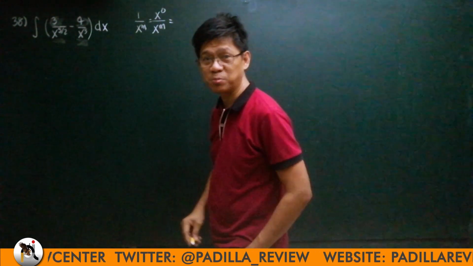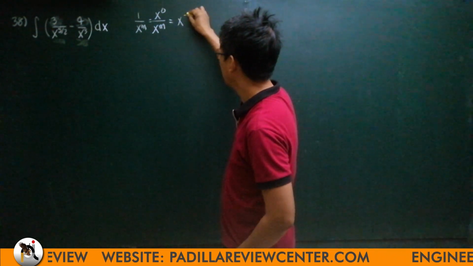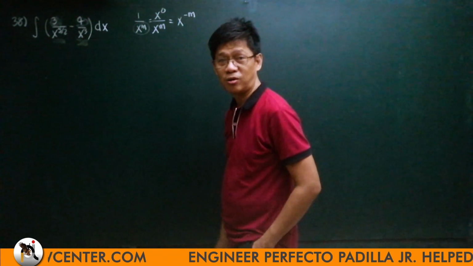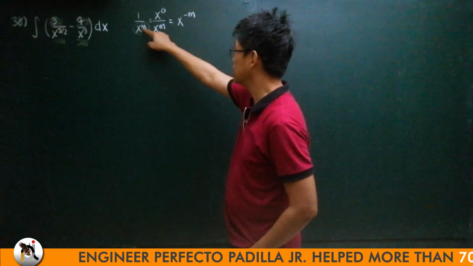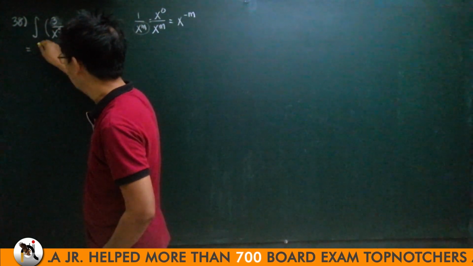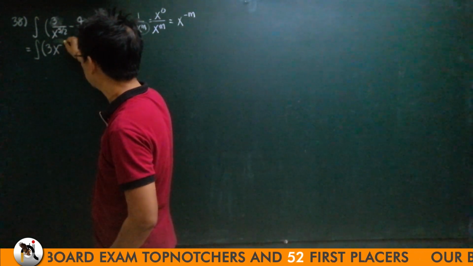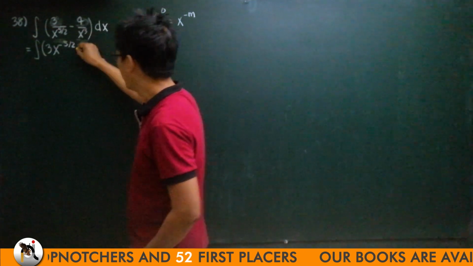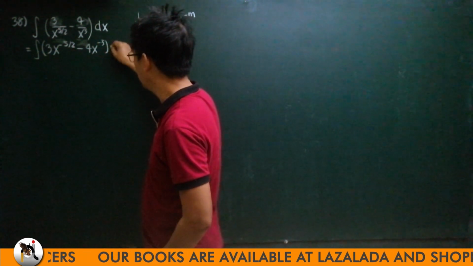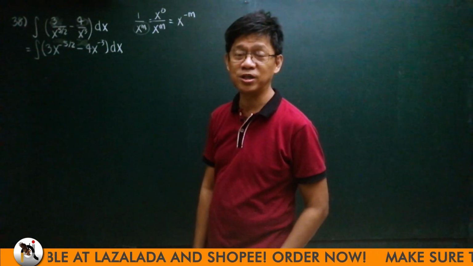By property of exponents, this is x to the 0 minus m, it's minus m. When you bring up a denominator to make it a numerator, you just reverse the sign of the exponent. So this is the same as integral of 3x to the minus 5/2 minus 4x to the minus 3 dx.